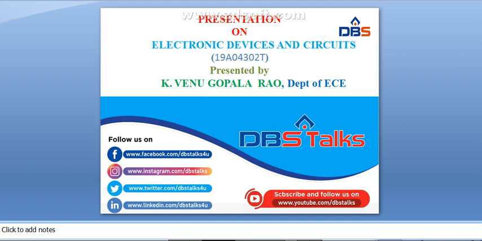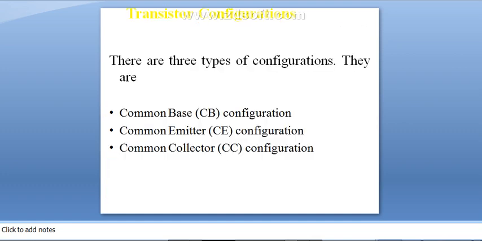Depending on the input, output and common terminal, a transistor amplifier can be connected in three configurations. They are common base, common emitter and common collector configurations, right?